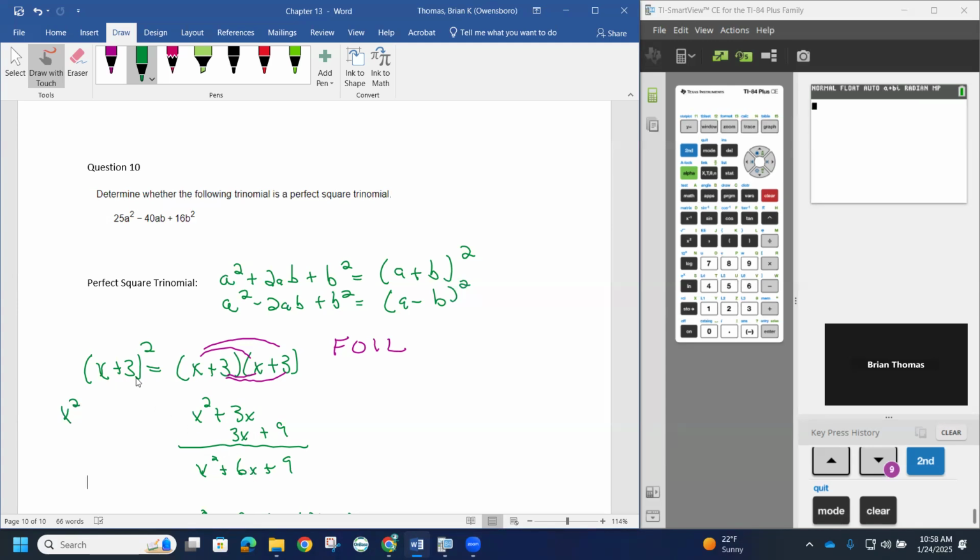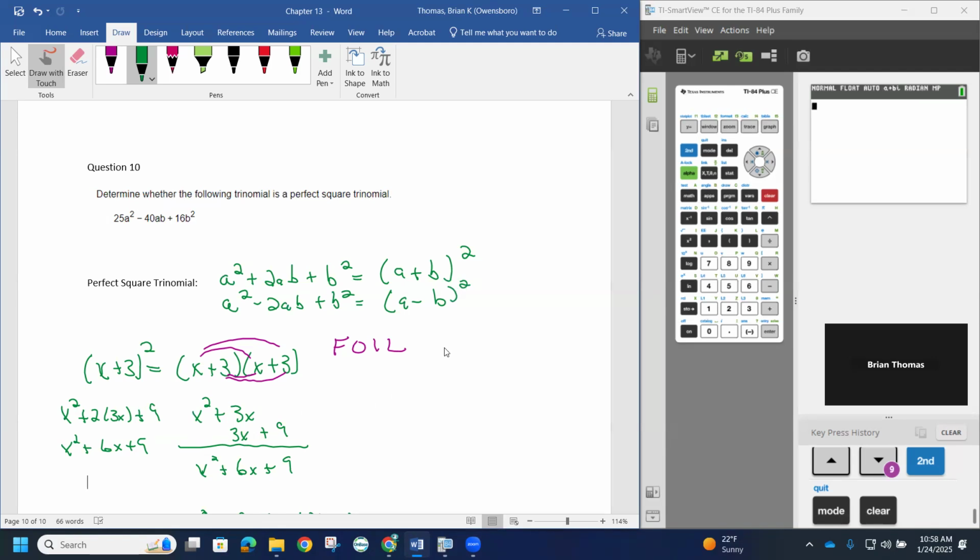To get to 6x, what we do is we multiply the 3 times the x and we double it. So there's going to be two 3x's, if you will. And then we can square the 3 and get the 9. So really the trick is that middle term, two 3x's is going to be the 6x. So x squared plus 6x plus 9 becomes the trinomial.